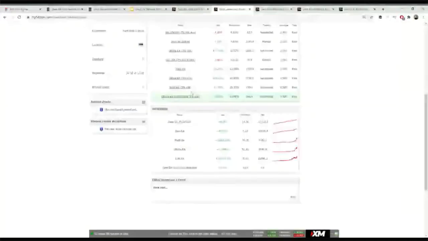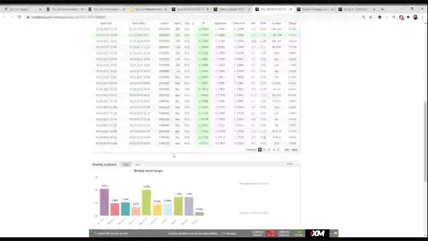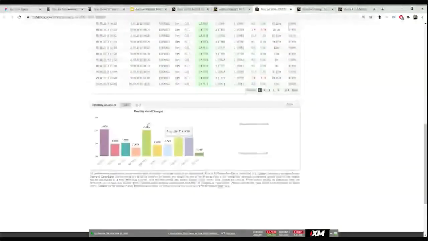So here you can see this is with the 10K account, and earn about the same profits, as you can see. And so this basically you can multiply by 3 to 4, depending on how much risk you take.